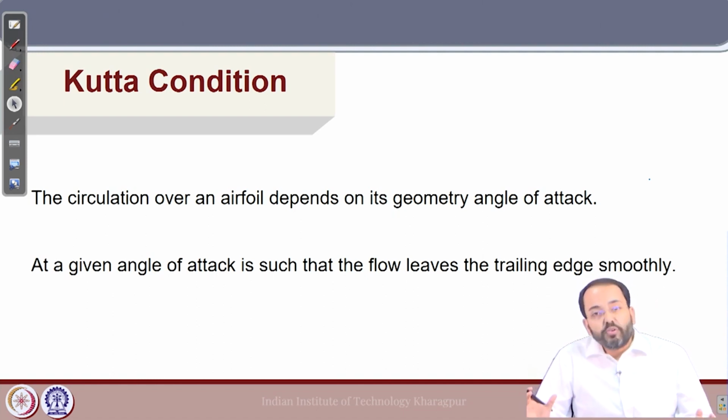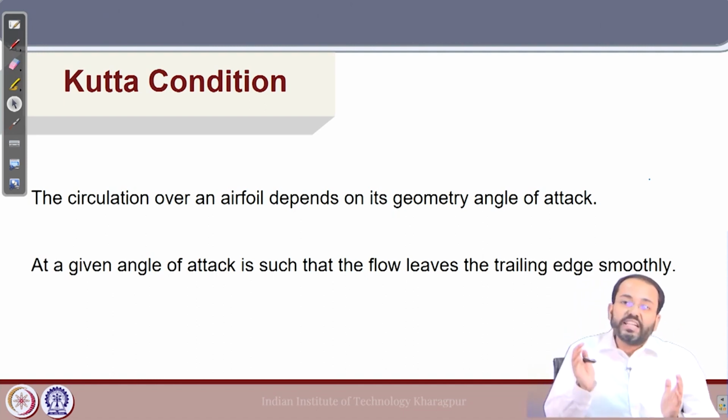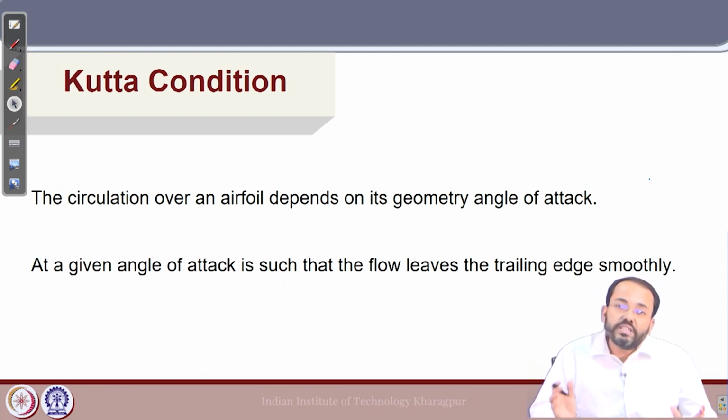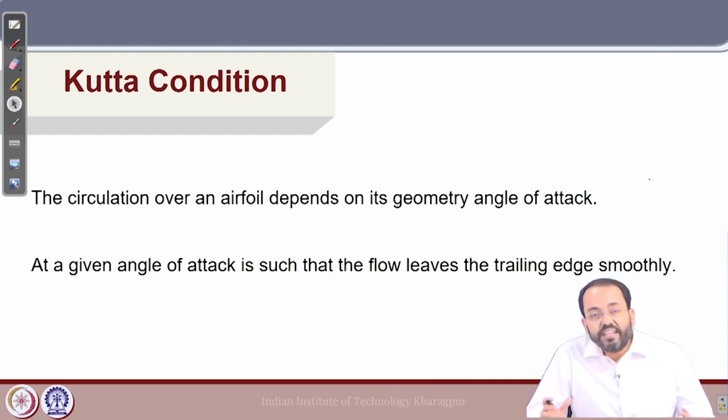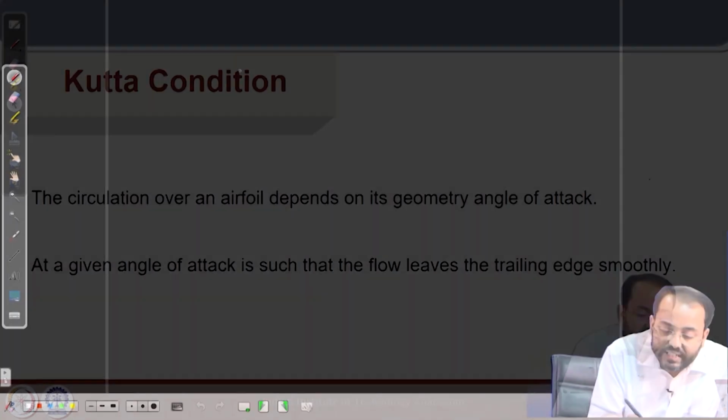So, the circulation generated over the airfoil depends on both its geometry as well as the angle of attack, and at a given angle of attack, the flow adjusts itself in such a way that it leaves the trailing edge smoothly. So, the circulation develops in a certain way at a particular angle of attack such that the flow leaves the trailing edge smoothly.